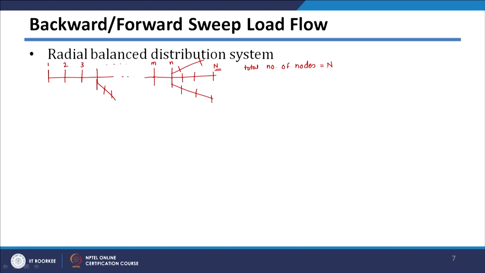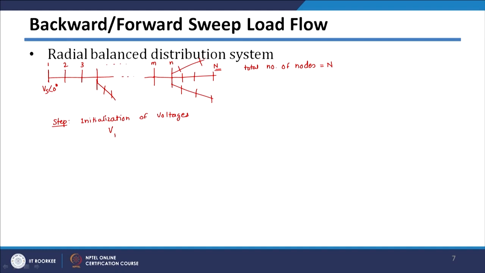Now, let us see the steps. The voltage at the first node, I am assuming, is Vs angle 0 degree as per our algorithm, and it will never change during the iteration, it will remain constant. So, step 1 is initialization of voltages. In this case we will initialize voltages of all the buses.